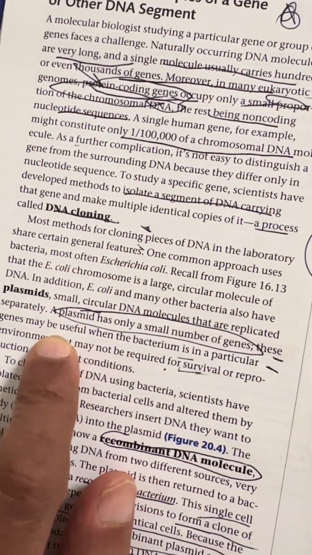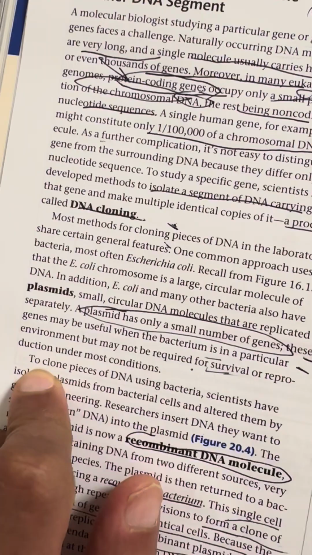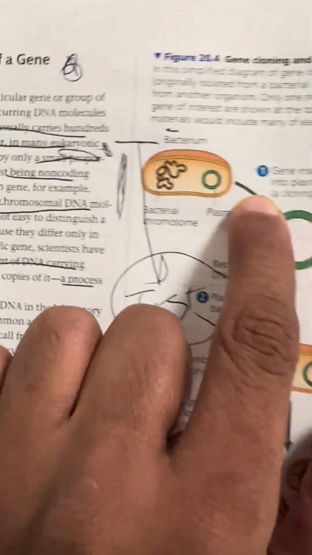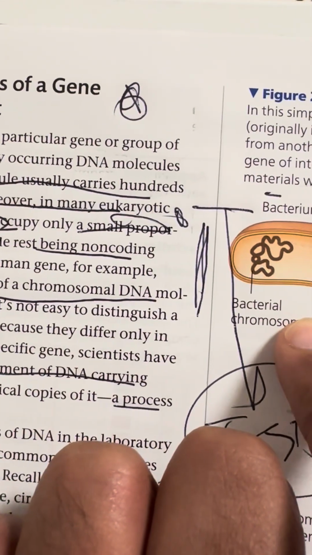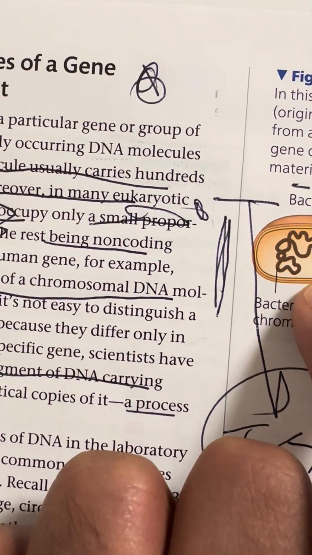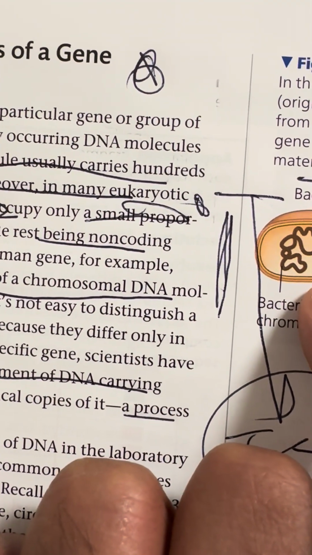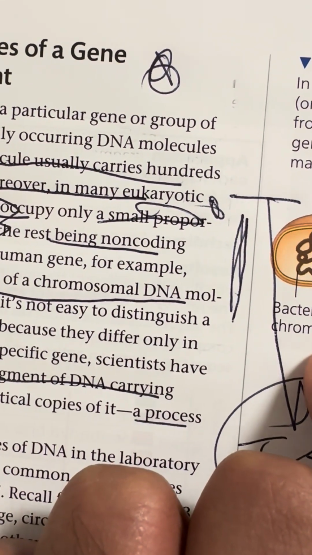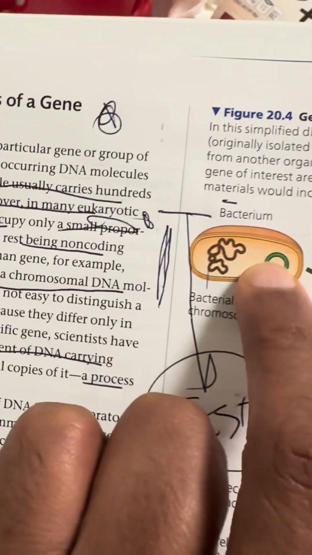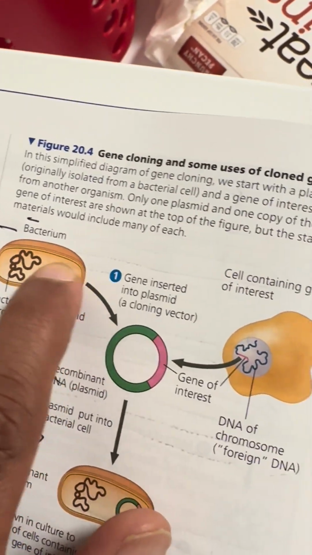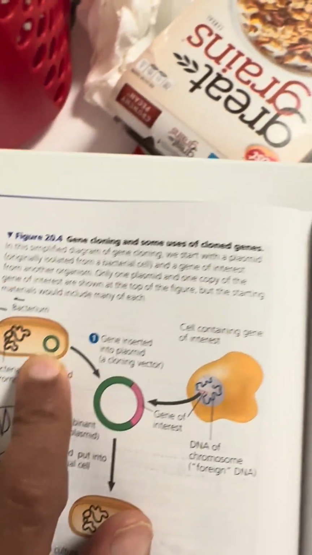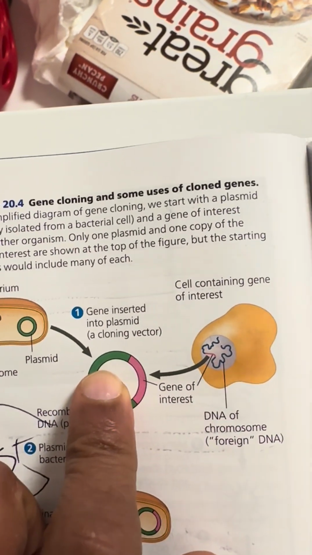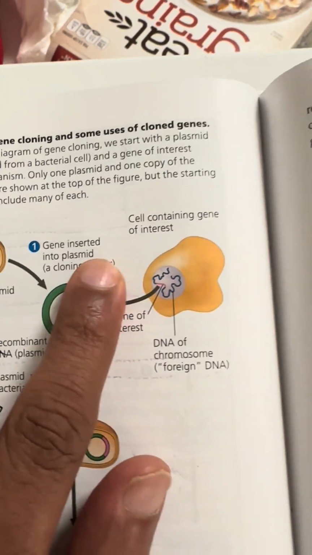And plasmids: you can easily cut the plasmid, which is a circular version of DNA, and then basically put something inside of it. We can talk about how we do that.